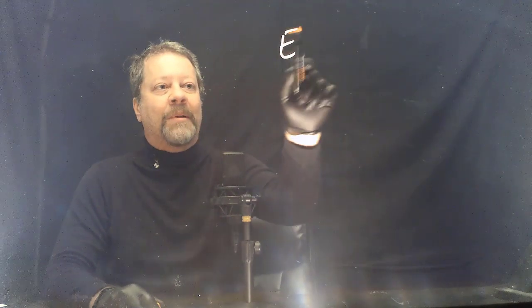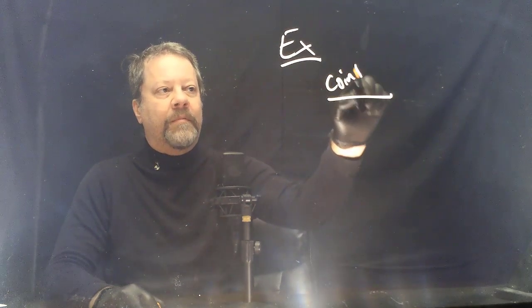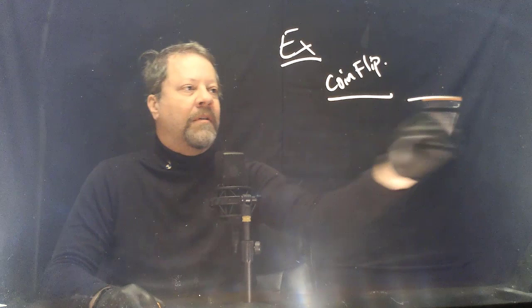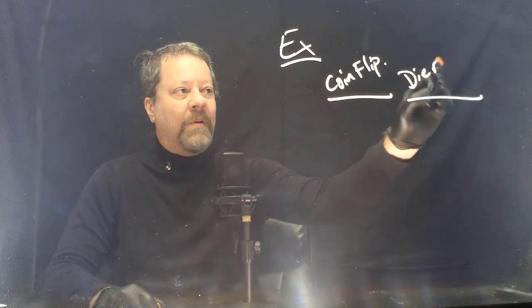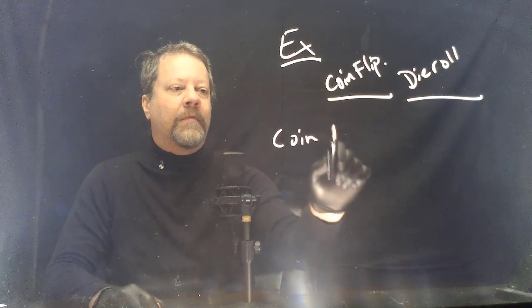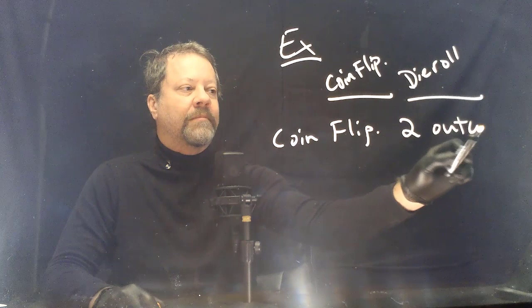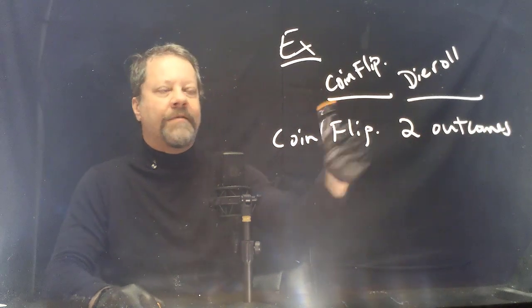For example, suppose we have a coin flip and a die roll. For the coin flip, there are two outcomes, two ways to fill this slot.